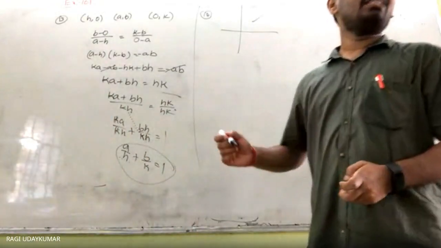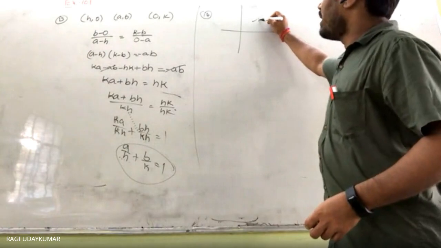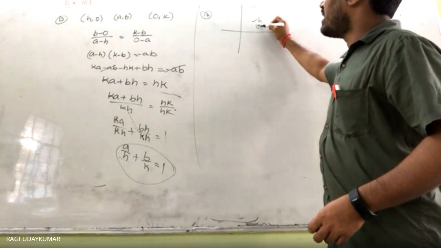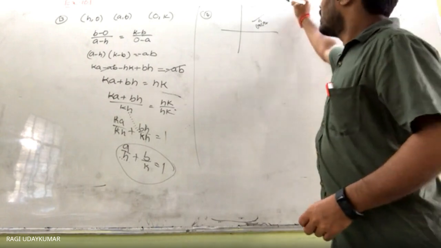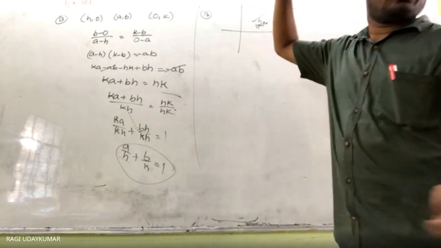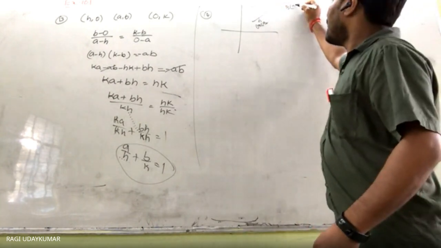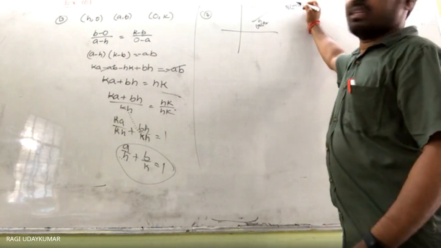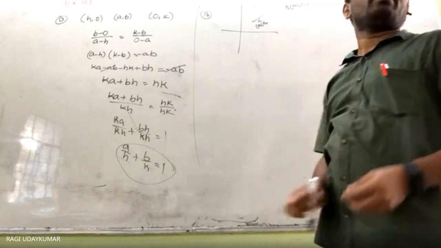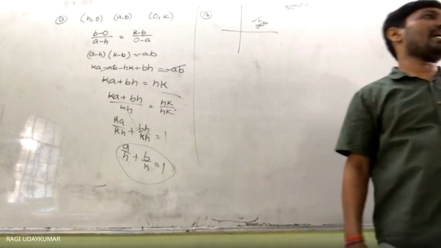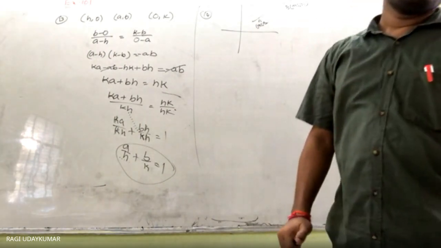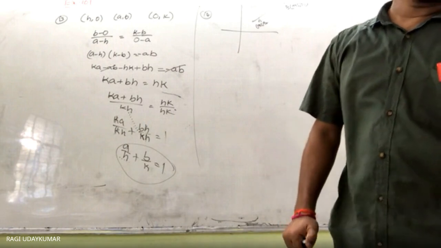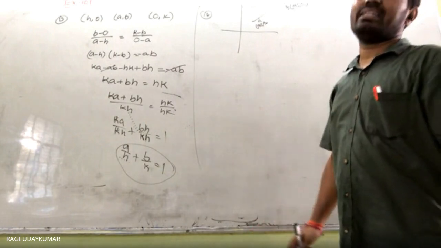The line is given to you. Point A is given as 1985 comma 92, and B is given as 1995 comma 97, and the slope of line AB is asked, and the population in the year 2010. The population is given in crores.